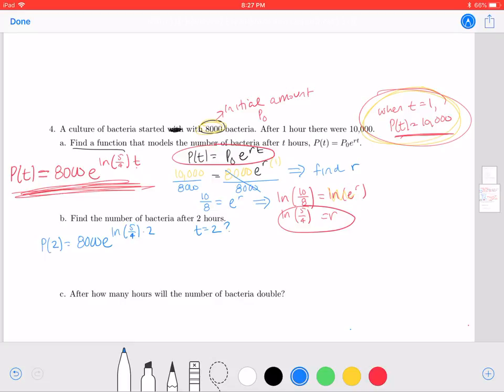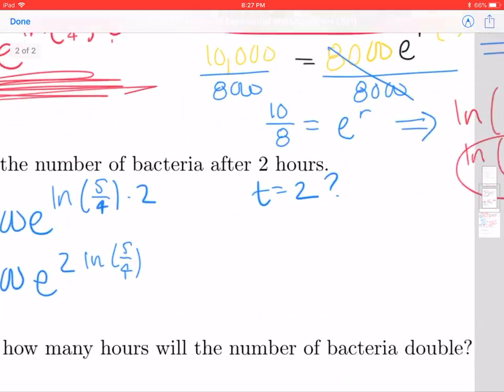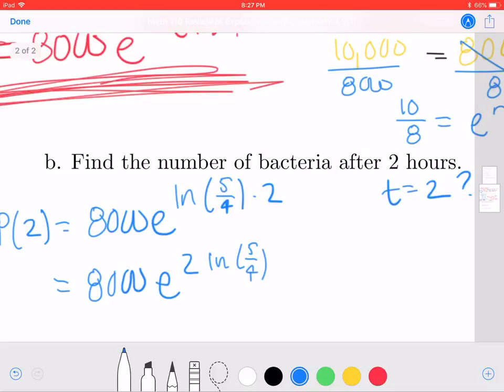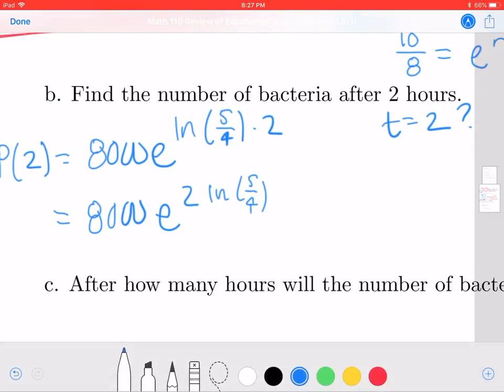Okay, so here's what I'm going to do. I'm just going to manipulate this a bit. That 8,000, I'm going to leave alone. The 2, I'm actually going to put in the exponent in front of the natural log, and I'll show you why in a second. Let me zoom in so you guys can see my writing a little better. Remember that rule we used in solving log functions, where if I have a number in front of a log, I can bring it and rewrite it as an exponent?